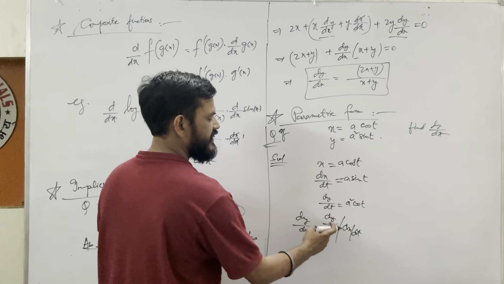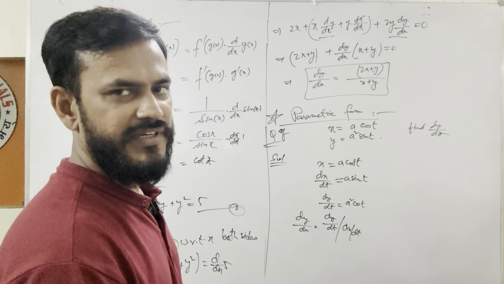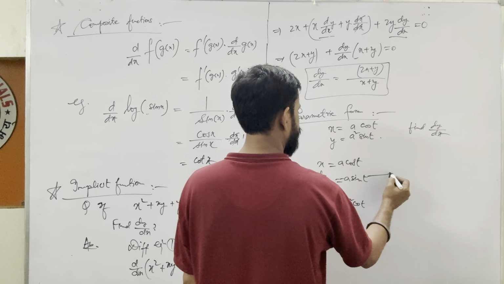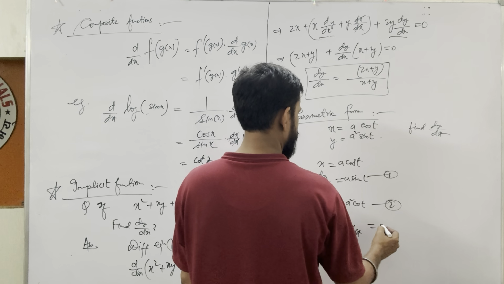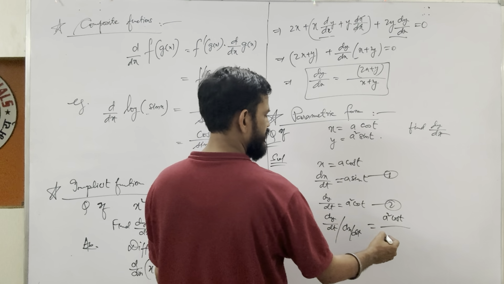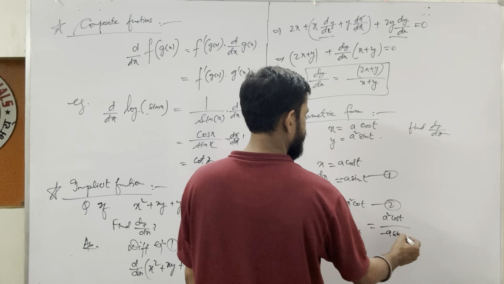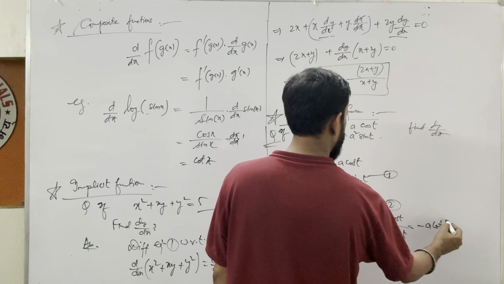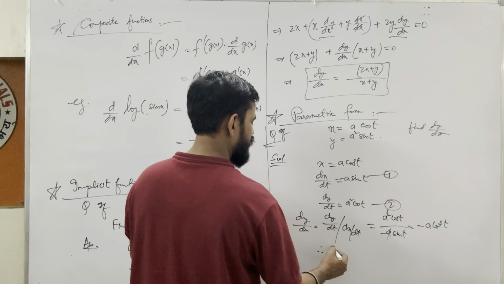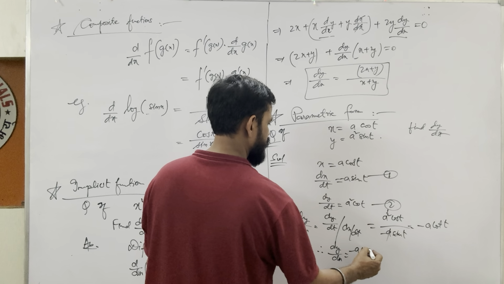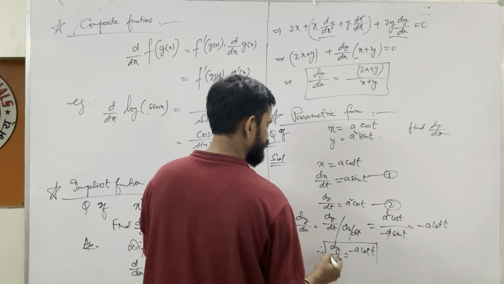See, dt will get cancelled and we'll have dy/dx. So dy/dt is a² cos t and dx/dt is minus a sin t. a gets cancelled and we have minus a cot t. Therefore, dy/dx is minus a cot t.